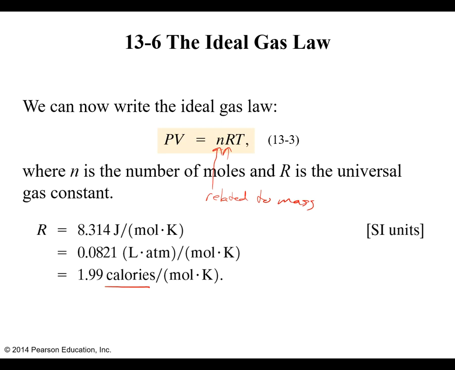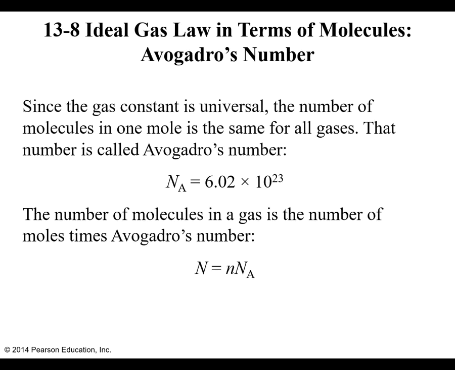Okay, that is the ideal gas law written in terms of the number of moles of a substance. But a scientist by the name of Avogadro determined how many molecules were in 1 mole of a gas. And that number is 6.02 times 10 to the 23rd molecules per mole. You don't really need these units, but I'll write them in anyway, just to clarify that 1 mole of a substance has 6.02 times 10 to the 23rd molecules.